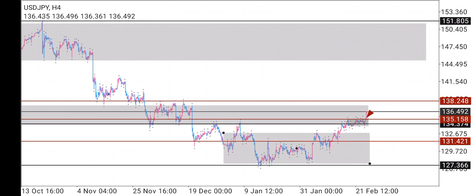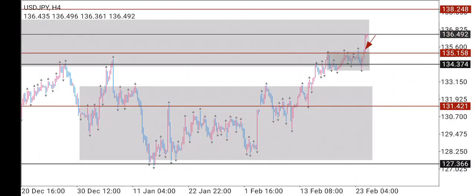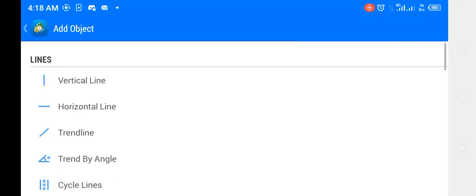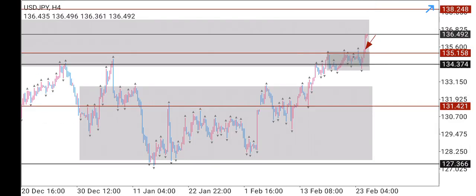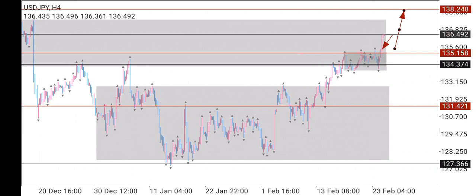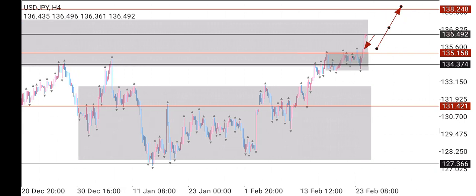Okay. So right now I expect price to still do the same thing I did on the weekly. It's the resistance area, which is 138.40 something.